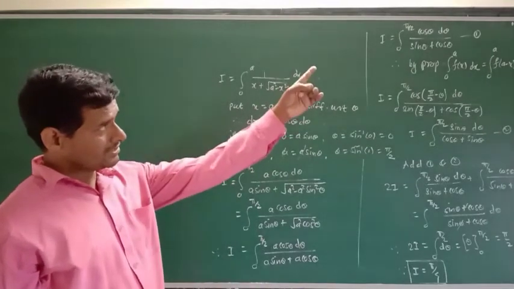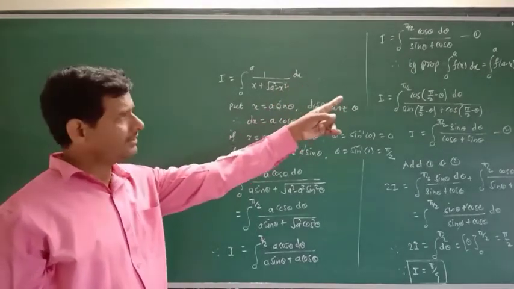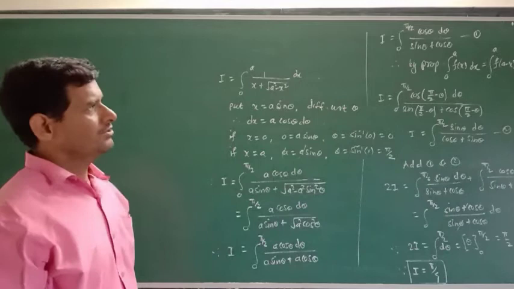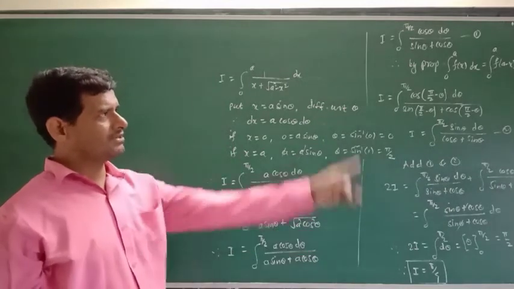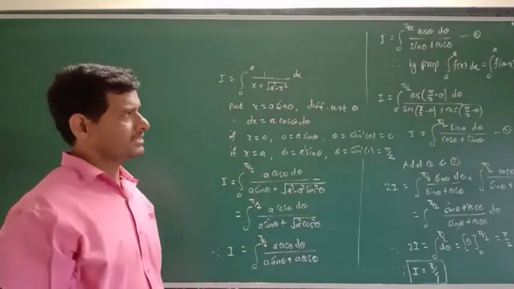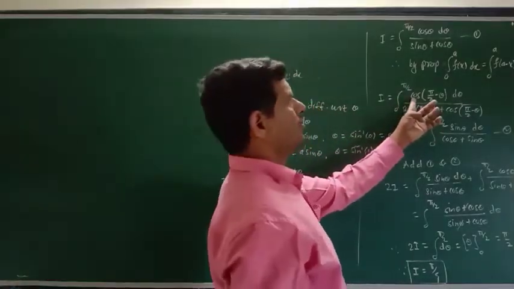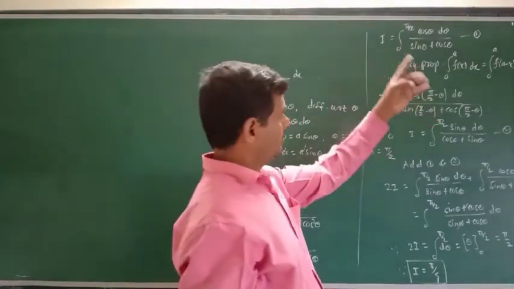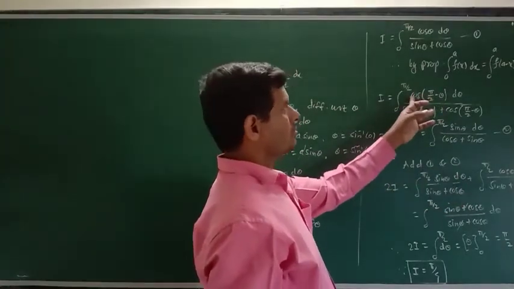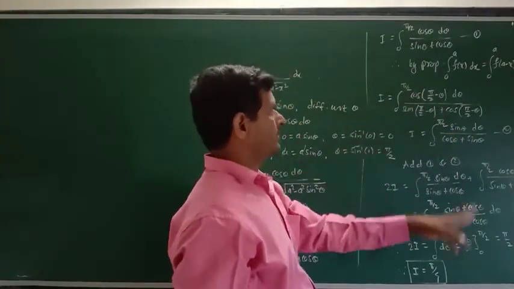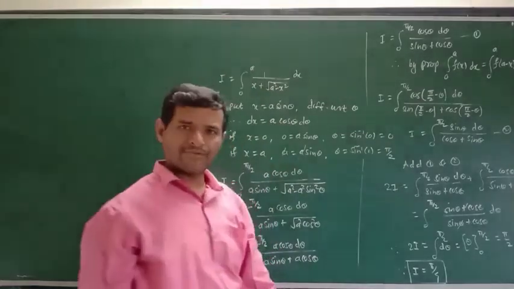So I can use the property. I think it's property number 4: integral from 0 to a of f(x) dx is equal to integral from 0 to a of f(a minus x) dx. So by using the property, the trigonometric terms on the numerator, cos gets converted to sine, but the denominator of both the equations is the same.